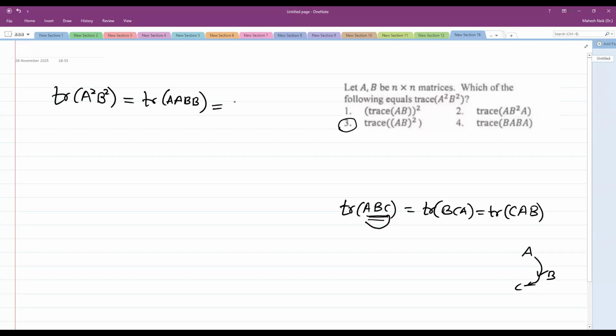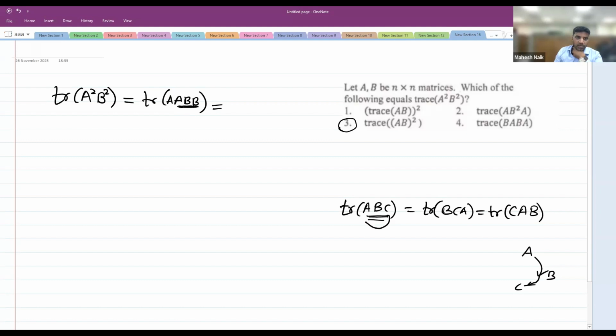Sir, if we take first A into A, one matrix B and second B is C, then one B would go before, and then it will be B A B.